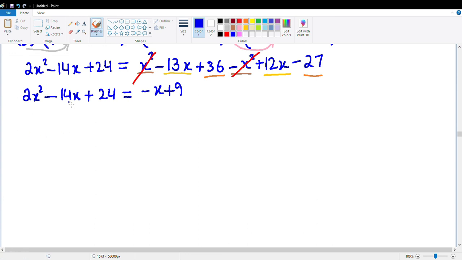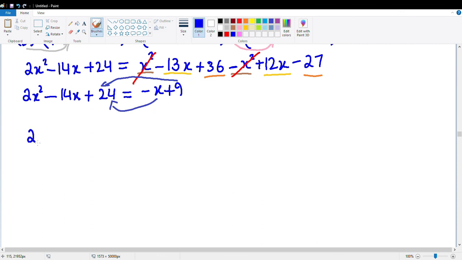Whatever term is on the left hand side is right now bigger than the terms on the right hand side. So that means that we need to take all the terms on this side to the other side. So let's do that. We're going to take x and 9 to the other side.